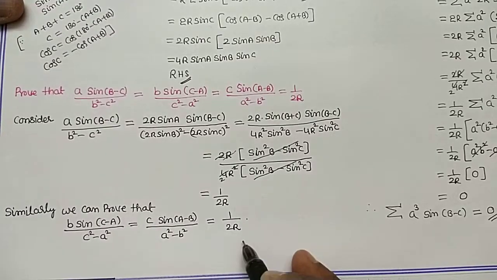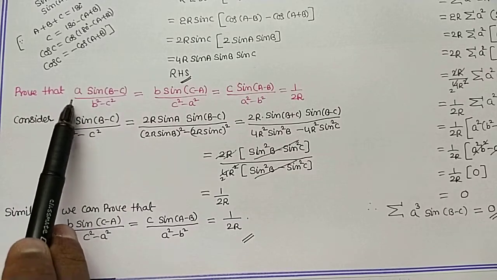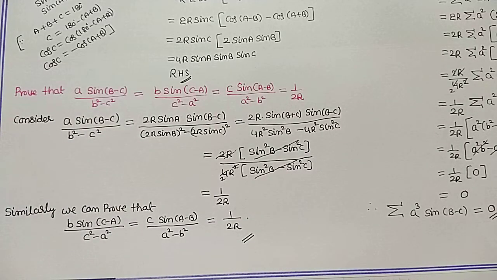Hence proved. So ultimately, these values a into sin of B minus C by B square minus C square, which is equal to b into sin of C minus A by C square minus A square, which is equal to c into sin of A minus B by A square minus B square, equal to 1 by 2R.